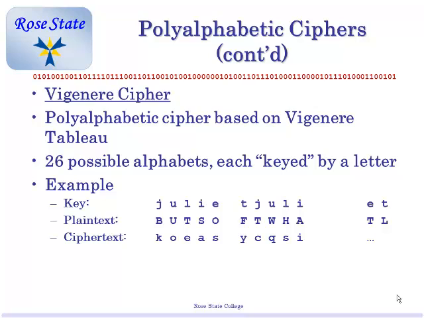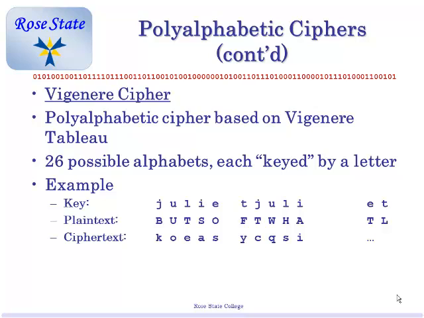So we have our plain text, and the B will encrypt with the J alphabet. The U will encrypt with the U alphabet. The T will encrypt with the L alphabet. The S will encrypt with the I alphabet, and so on and so forth. But you see, Juliet, Juliet, Juliet keeps repeating. So how long is our key in this example?